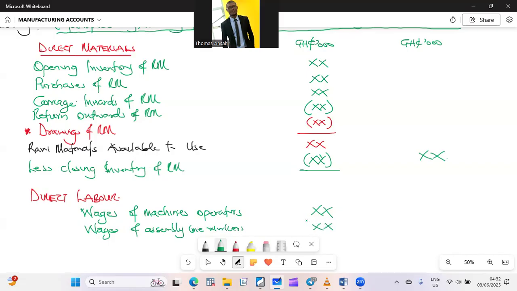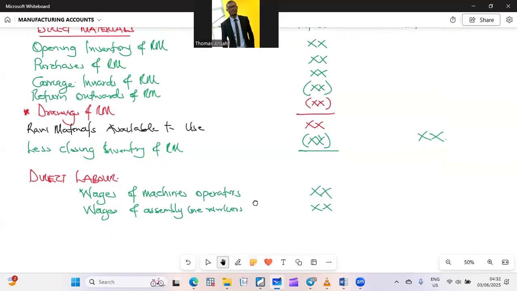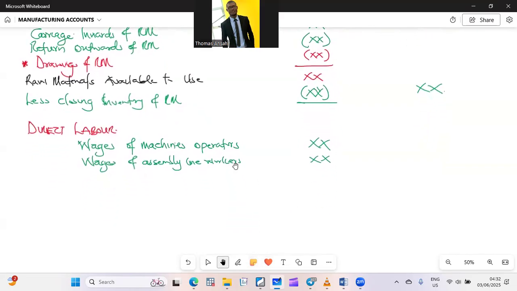You can add, if it's like doing carpentry work, the salary of the carpenter in the factory is direct, all right? Like a tailor who sews garments, the wages for that guy is direct, all right? So you can even add overtime wages.